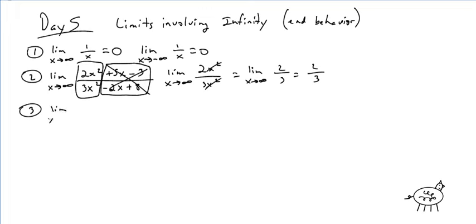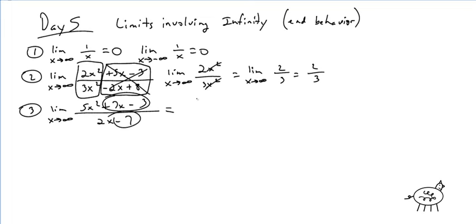Limit as x approaches infinity of (5x squared plus 7x minus 3) over (2x minus 7). Again, the 7x minus 3 and the minus 7 have no relevancy at all once x gets really big.